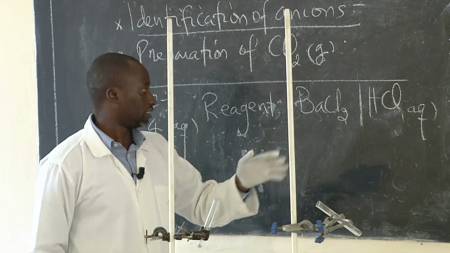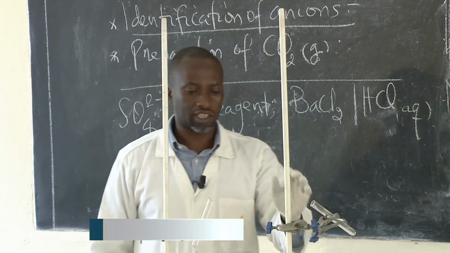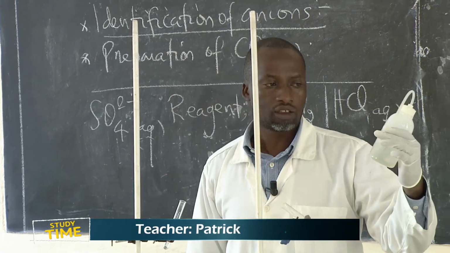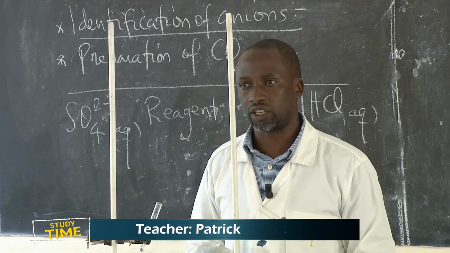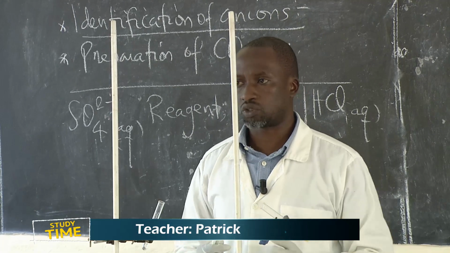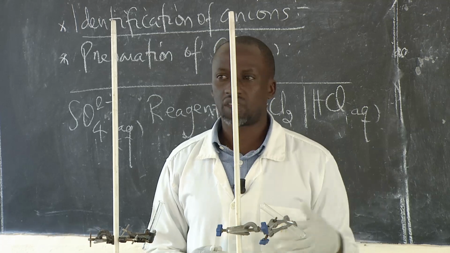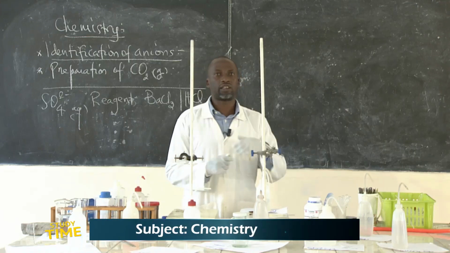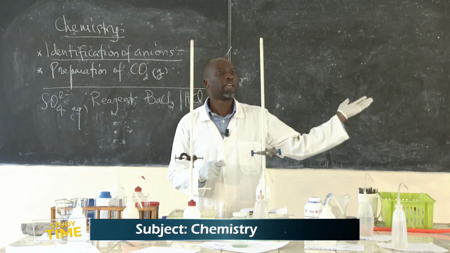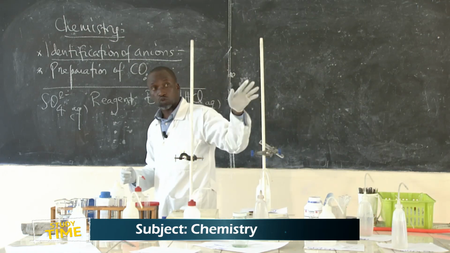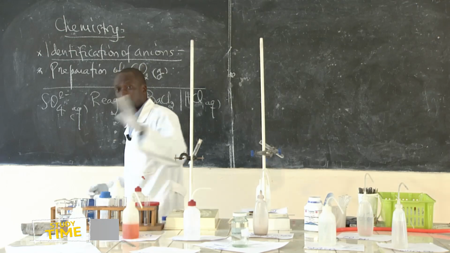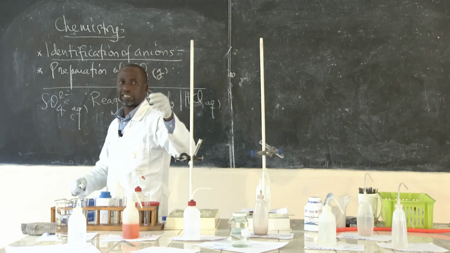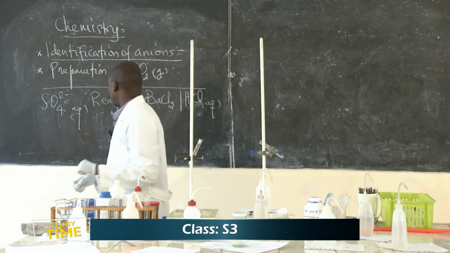Remember I said the sulfate ions are obtained from any soluble sulfate. You can mention any soluble sulfate: sodium sulfate, magnesium sulfate, copper sulfate, and many other sulfates, except those ones that we mentioned, which are insoluble. The lead, barium, and calcium.